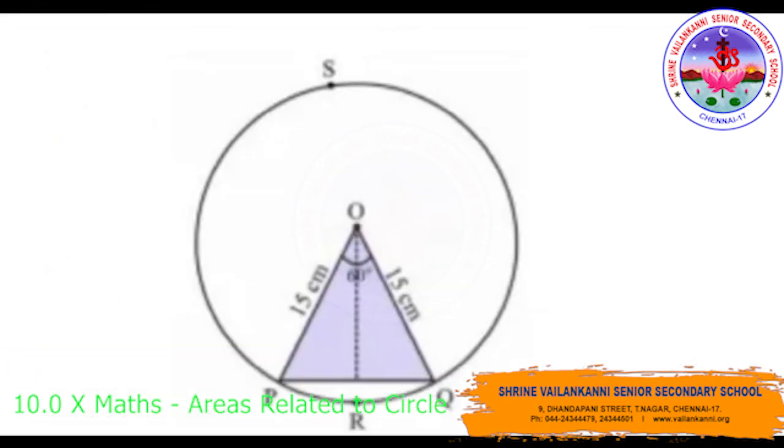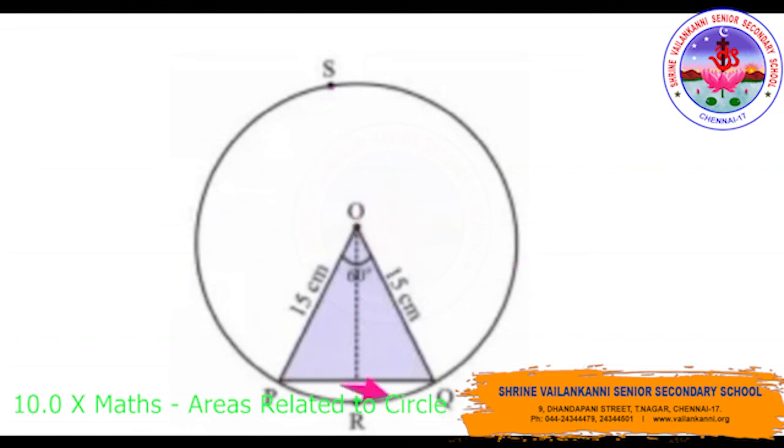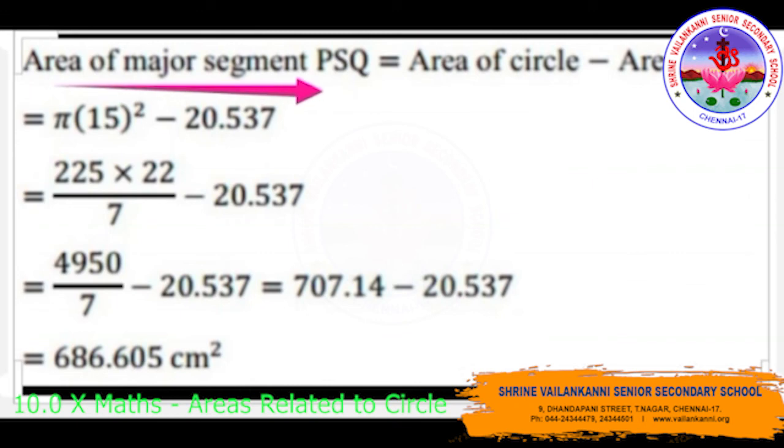Now I want to find out the area of the major segment, which can be obtained by subtracting the area of the minor segment from the entire area of the circle. So the area of the major segment is equal to area of the circle minus area of the minor segment. The area of the full circle will be pi r squared, which is equal to pi into 15 square, minus the area of the minor segment, 20.537.